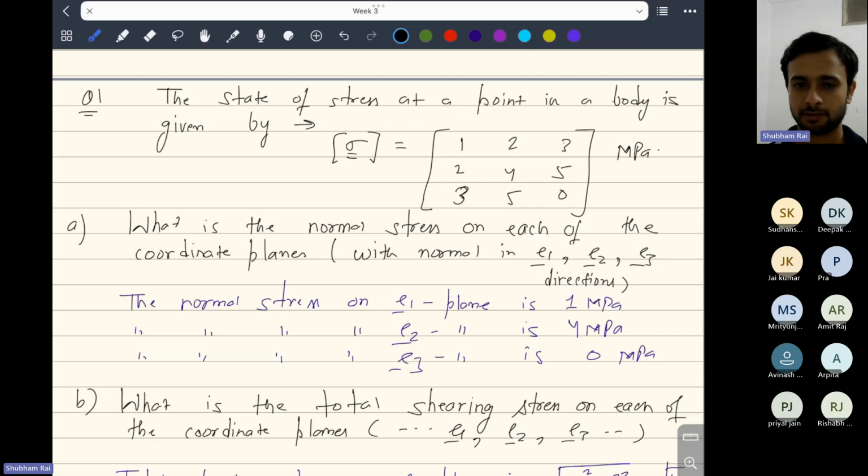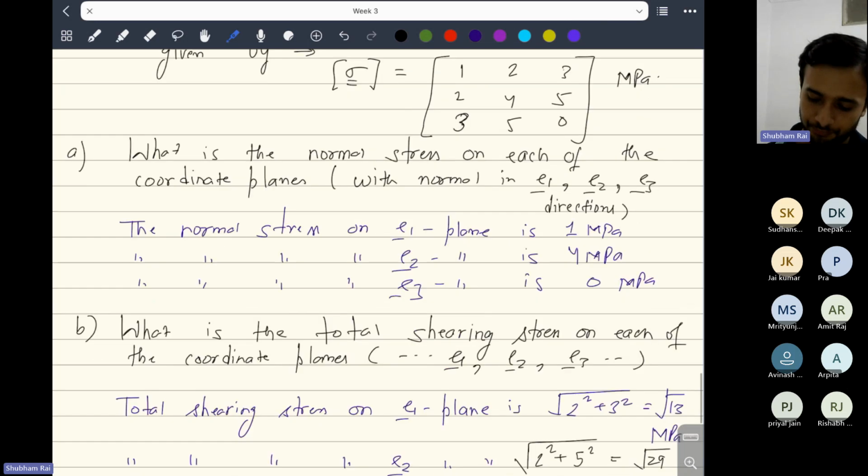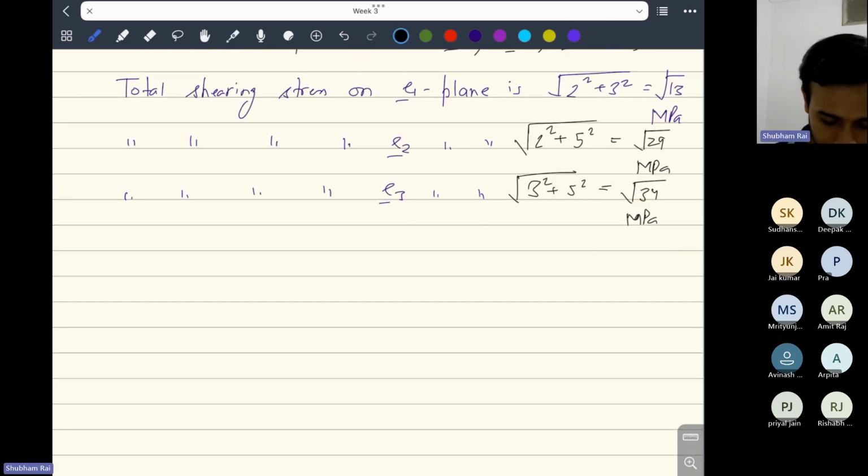If you understand the stress tensor and what is the significance of each of the elements or each of the columns of stress tensor, then you can do it. Okay. So coming on to question number 2.